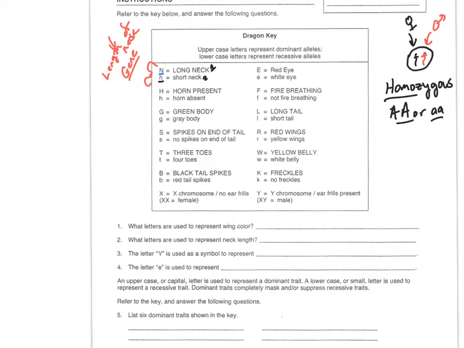If they're different, we're going to call them heterozygous. Hetero means different, so big A little a would be heterozygous, okay? So either homozygous or heterozygous, depending on the combination, but both of the parents are going to give a copy of this gene.